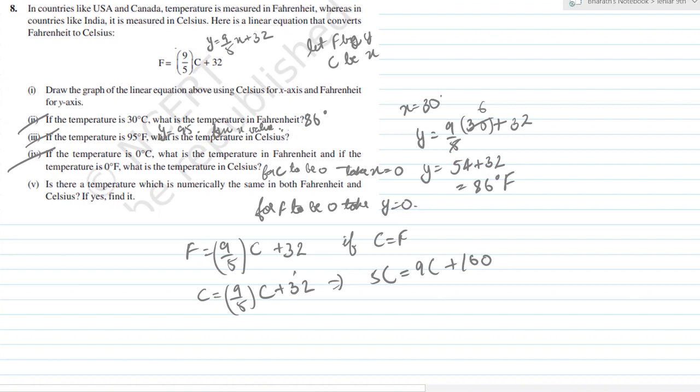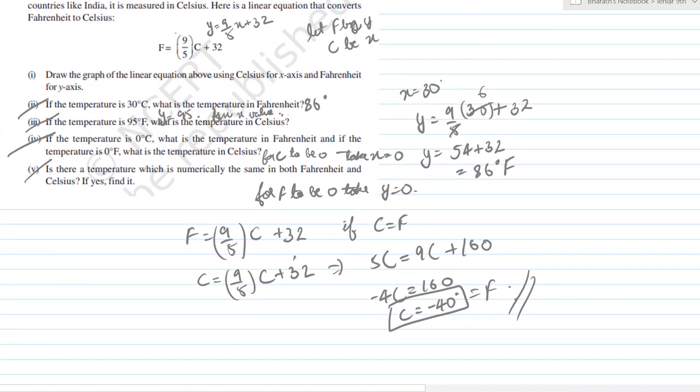Send this 9C to this side, so we get minus 4C is equal to 160. Dividing both sides by minus 4, C is equal to minus 40. And yes, it is possible to have both temperatures the same: minus 40 degrees Celsius and minus 40 degrees Fahrenheit, right? This is also equal to the Fahrenheit scale reading. Done.